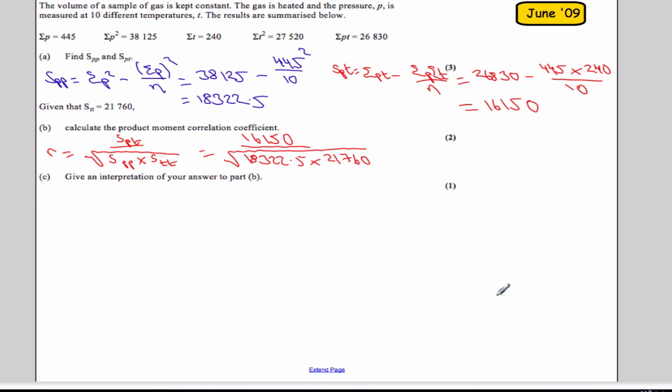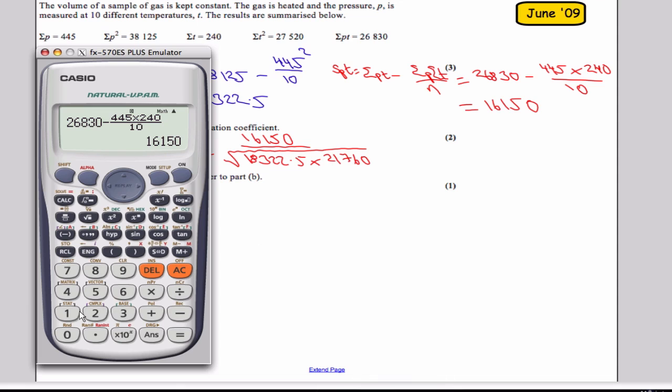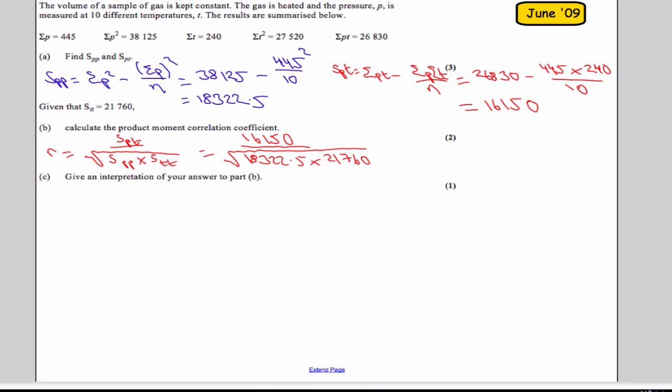Out with the calculator: 16150 over the square root of 18322.5 times 21760. That gives me 0.809 to 3 significant figures.